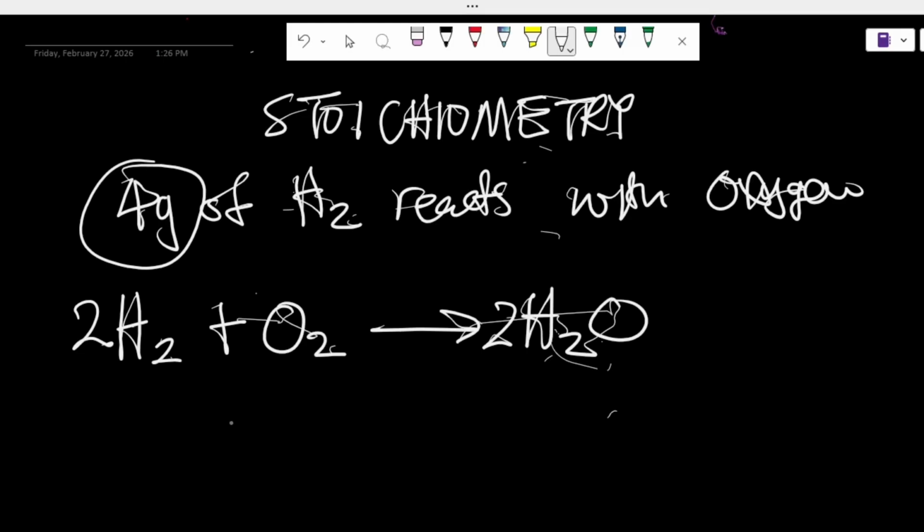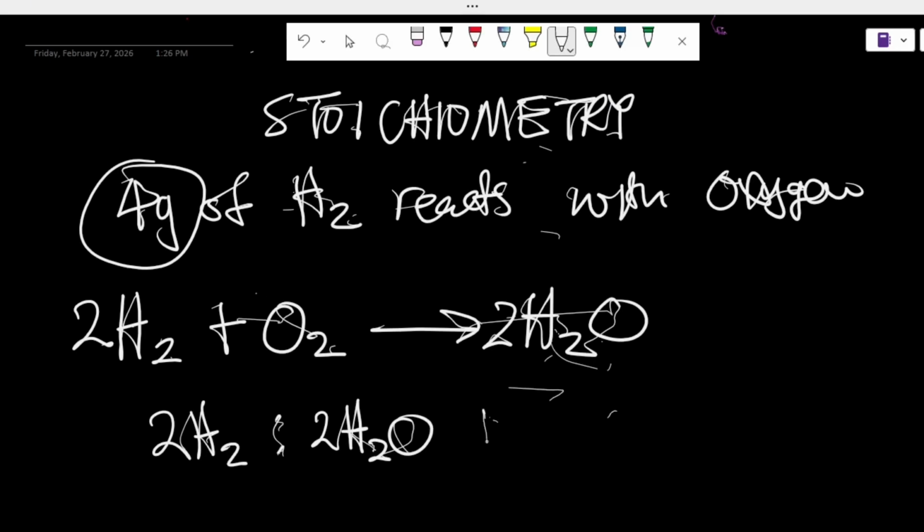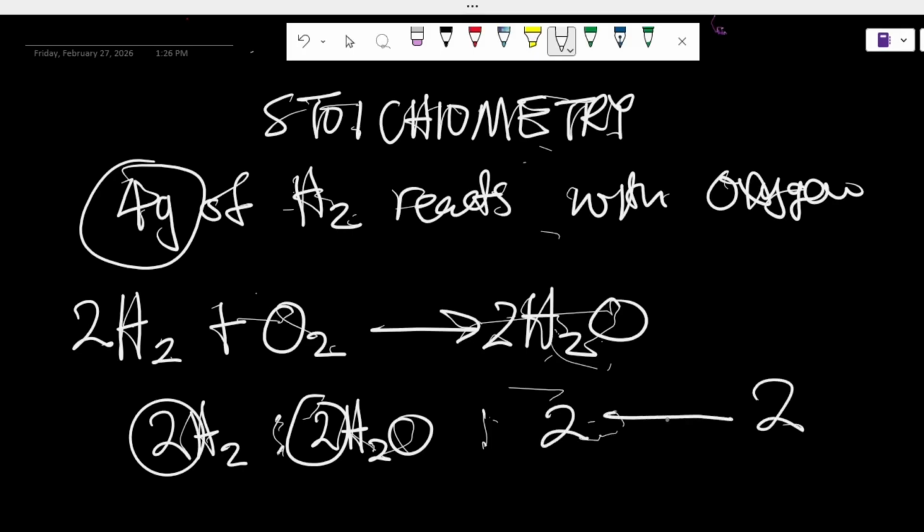Here, you will notice that you have 2H2 and you are comparing it with 2H2O. So these are the 2 things that you are comparing. Since you have the number of moles of hydrogen here, you are going to see that these coefficients here are trying to show you the number of moles. So you can say 2 moles of hydrogen will give you 2 moles of water, because these are the moles that we have.